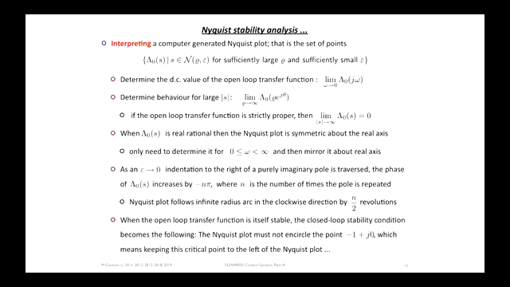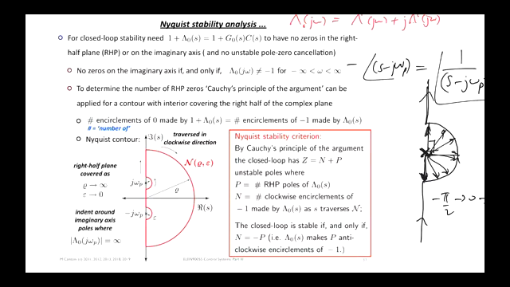Really, all we have to do is evaluate this most of the time along the positive imaginary axis, because what we get around here will be 0 in most cases, since we're dealing with a strictly proper open loop transfer function. And then what we get here is just the mirrored image of this, mirrored in the real axis.